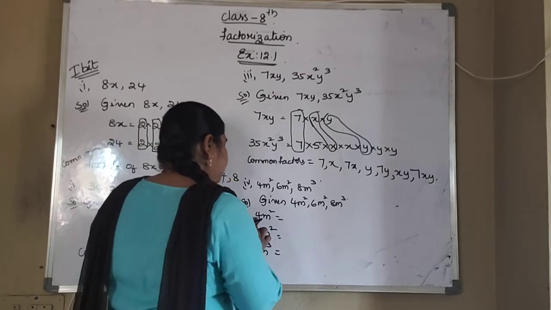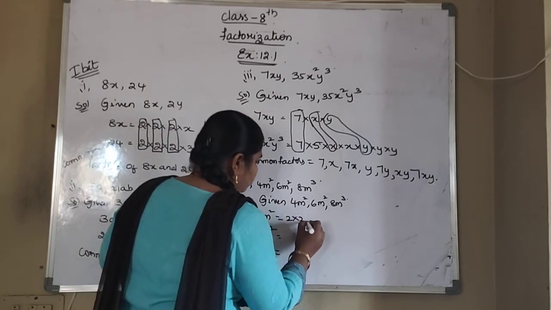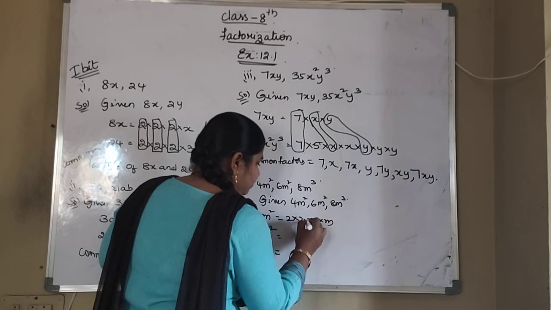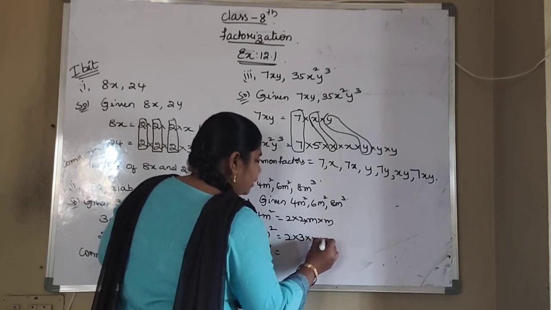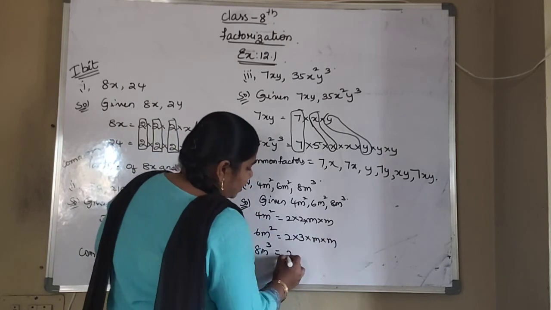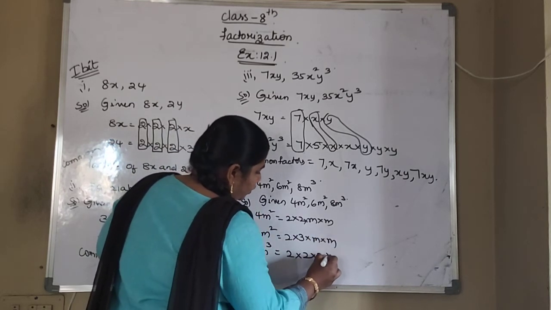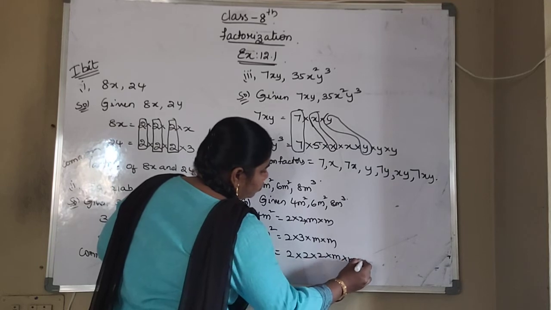What are the factors? 4 can be written as 2 into 2, m into m. 6 can be written as 2 into 3 into m into m. 8 can be written as 2 into 2 into 2 into m into m into m.